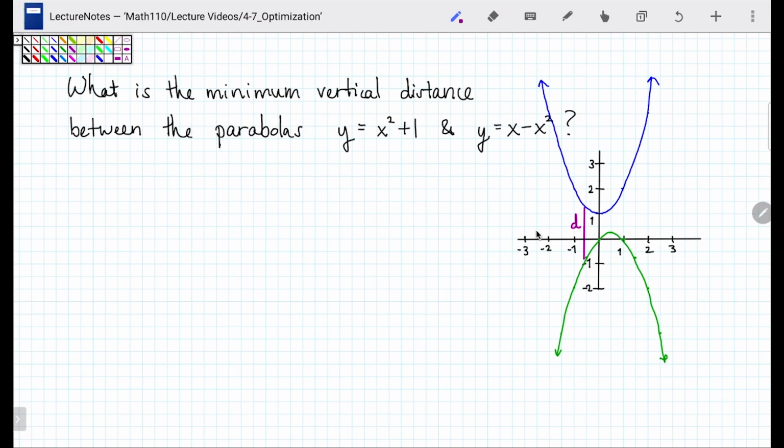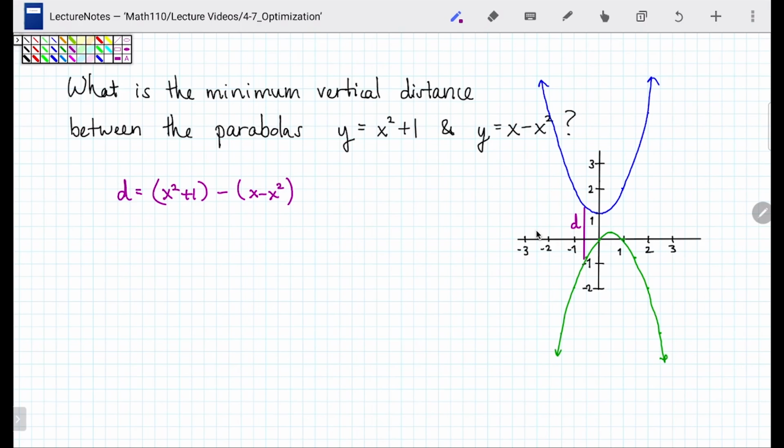Now, when I'm calculating the distance between 2 y values, it's the difference between the y values for any given x value. So d is going to be the difference in the y values. The one on top, the greater y value, is x squared plus 1, and then minus x minus x squared.